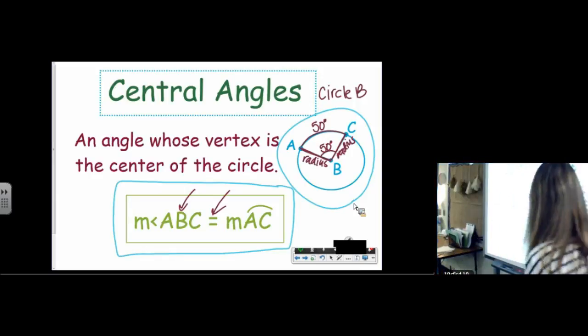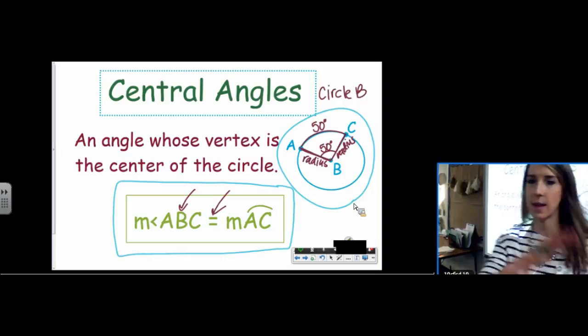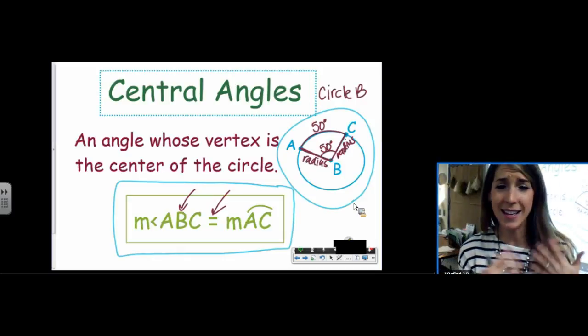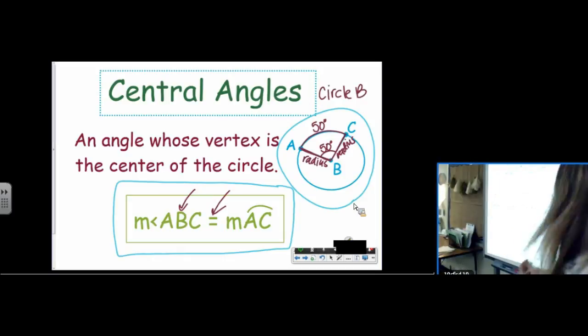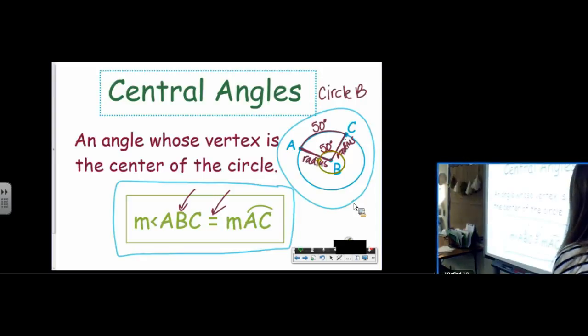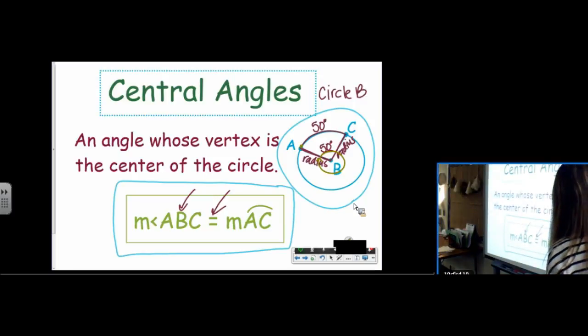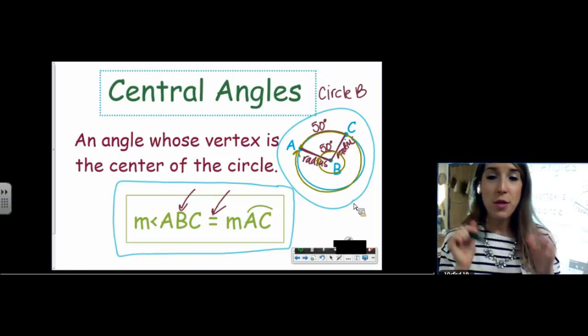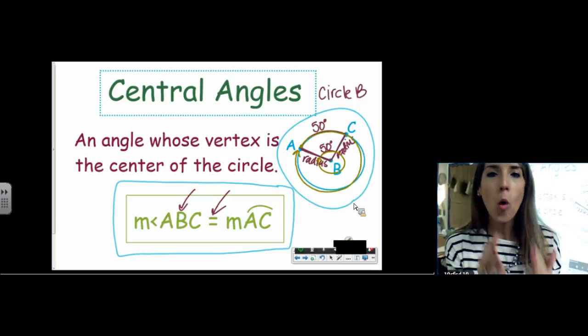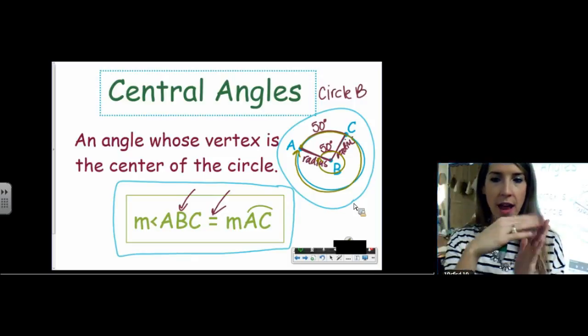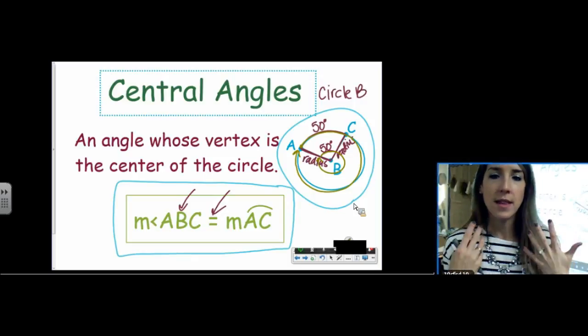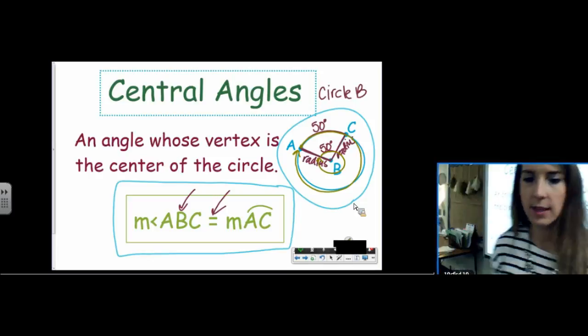Because what's going on here is a long time ago, the Babylonians decided that there were 360 degrees in a circle. So if I were to start here and travel full circle, I would travel 360 degrees. Likewise, if I were to start here and travel full circle, I would travel 360 degrees. So those are going to be the same portion of 360. That angle and that arc will be the same portion of 360.